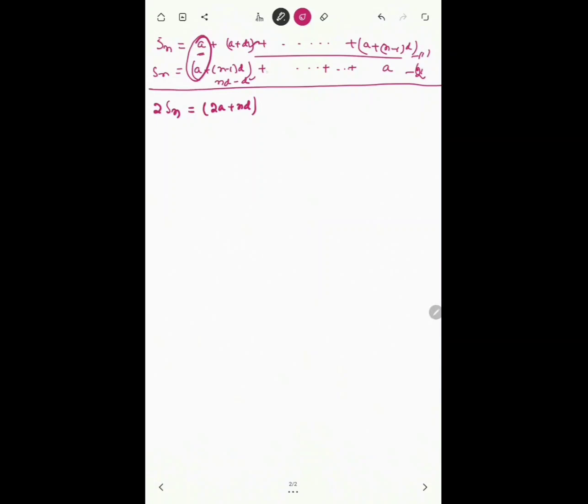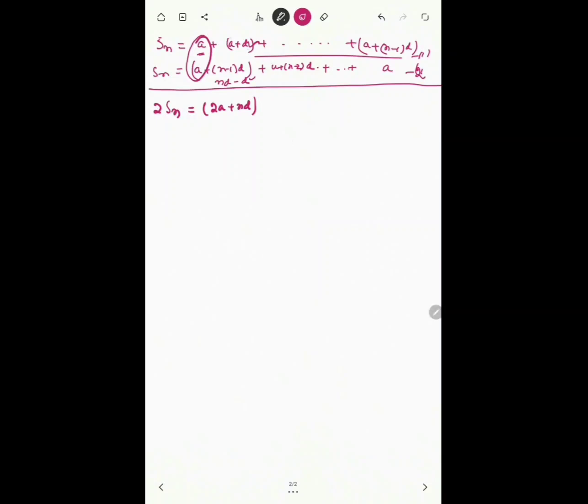Now similarly, the next term after this will be A plus n minus 2 D, and here is D, this is n minus 1 D, and before that the term will be nD, in reverse order nD and then n minus 1 D, like this, okay?